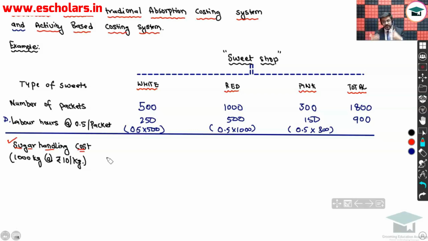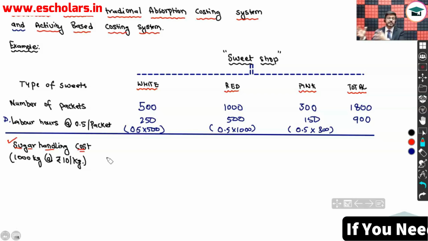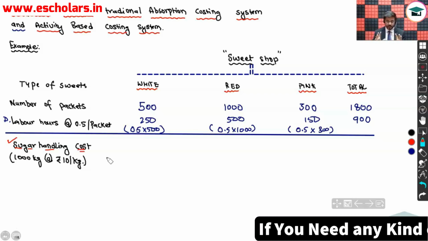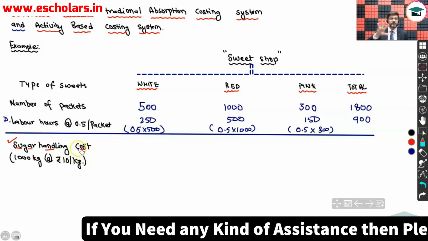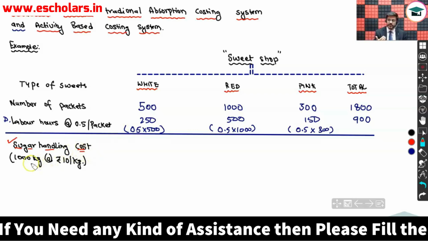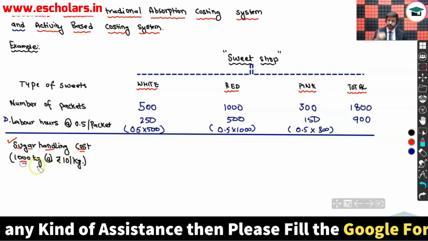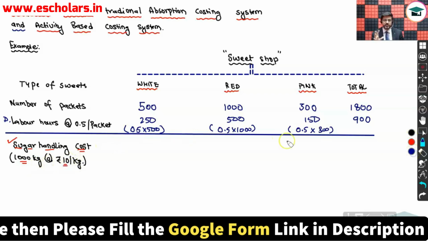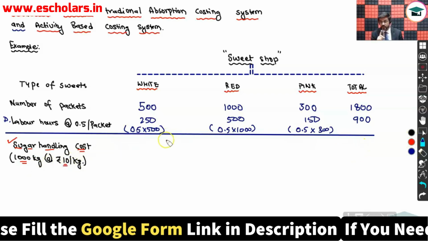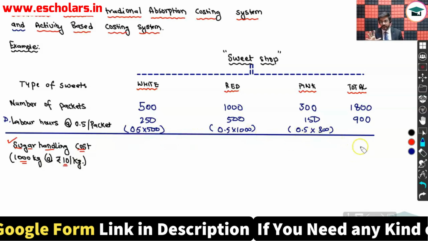When they deliver it, first you have to load, then unload, and carry. There is a person who carries the sugar, and in all these things there is a cost you have to bear. So the total sugar which you are going to handle is 1000 kilograms. So what is your total sugar handling cost? I said total, not for white, red or pink individually.